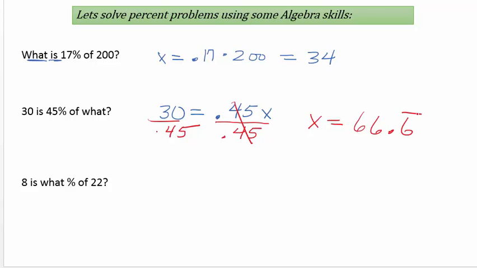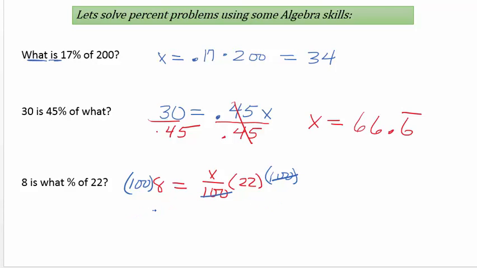8 is what percent of 22? 8 is what percent means what number, which is x out of 100, because x percent means x out of 100. Of 22 means times 22. Well, remember we solved one like this on the previous page. The first thing we want to do is get rid of that division of 100. So we're going to multiply both sides by 100. And that gets rid of that.